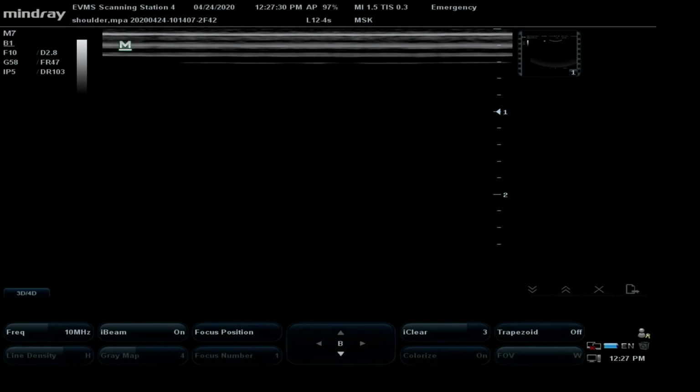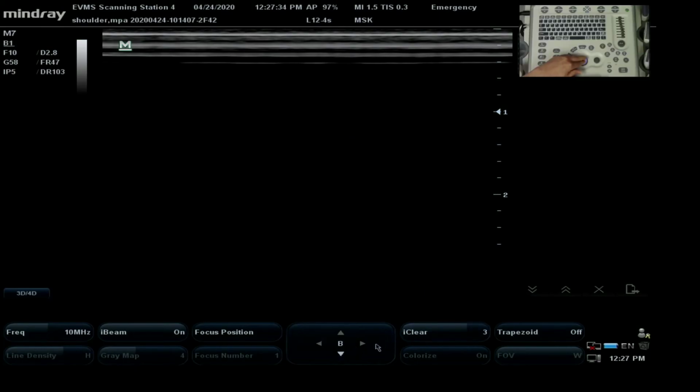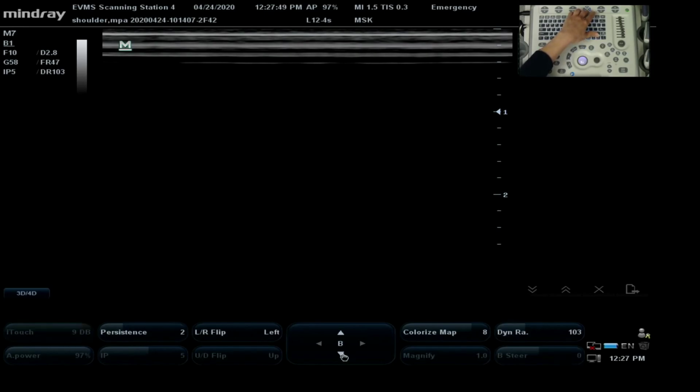You will notice right here that you can change these menus. If I select this lit up downward caret, you'll notice the menu changes. If I select it again, I get even more of the menu. And here is our dynamic range.